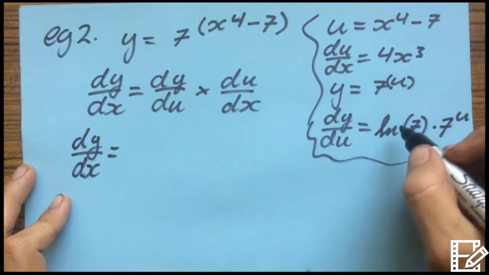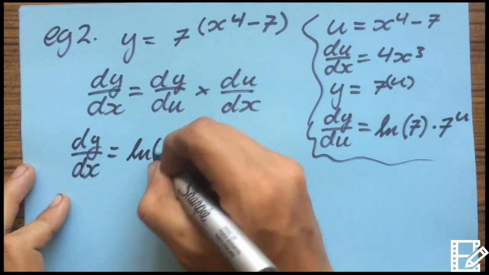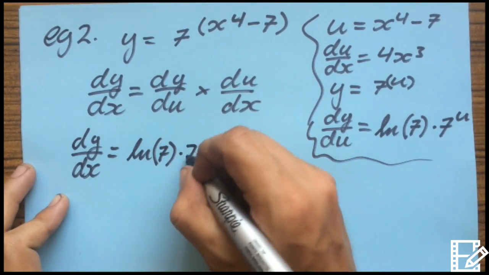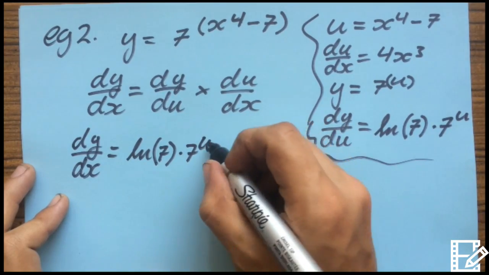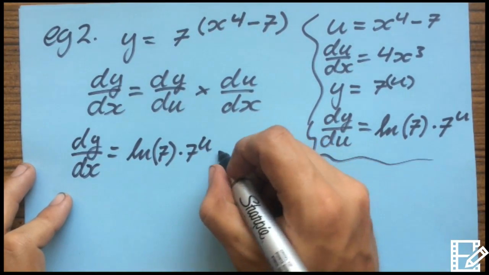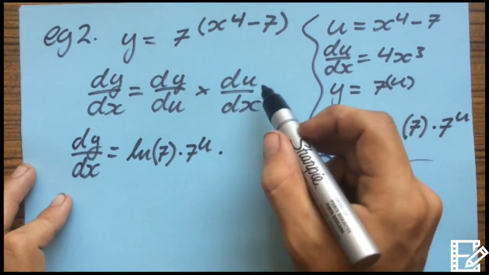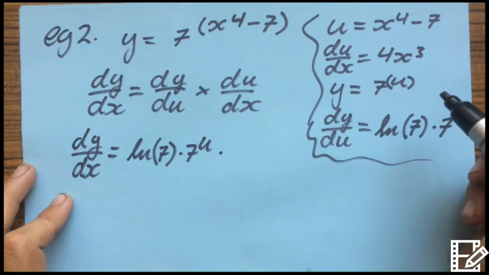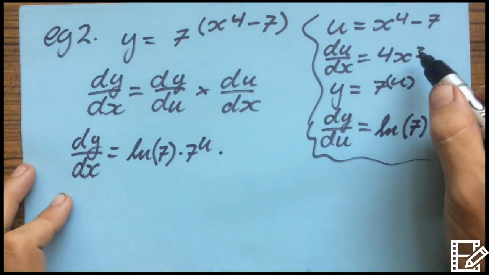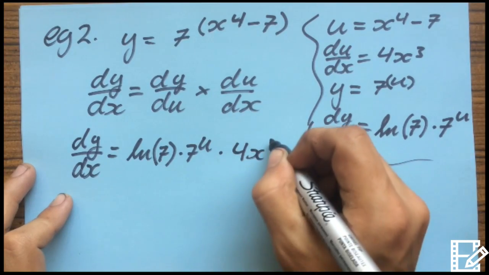dy over du, ln 7 multiplied by 7 to the power of u, multiplied again by the derivative of u with respect to x, which is 4x to the power of 3.